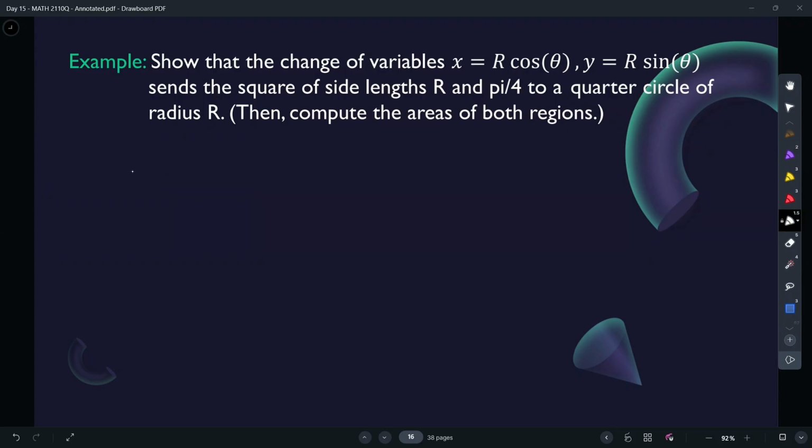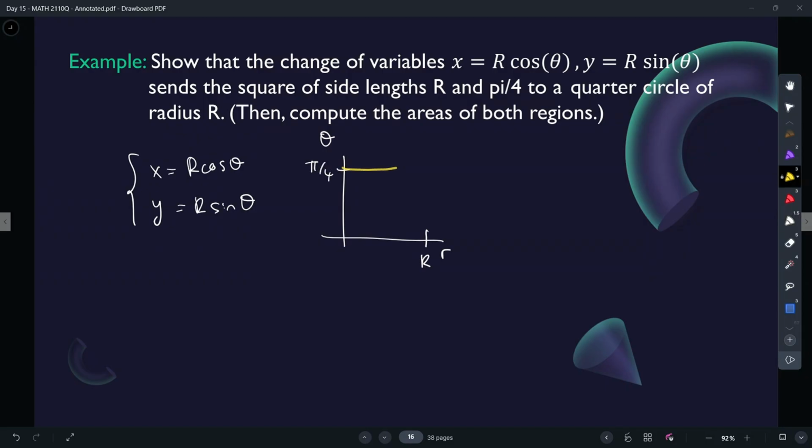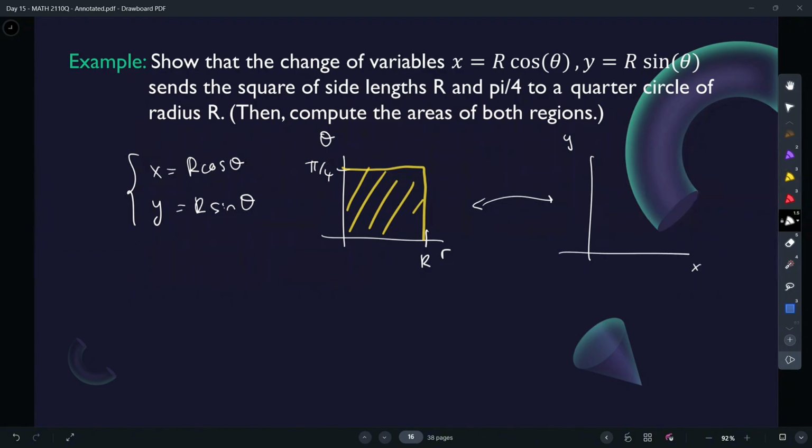In the change of variables given by x equals r cosine theta, y equals r sine theta, this would send, in r and theta, if I go from 0 to r and from 0 to pi over 4, this rectangle, we know it's being sent to, in x and y, a circle of radius r, and only a fourth of the circle.